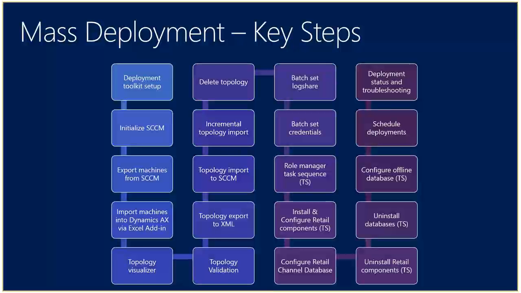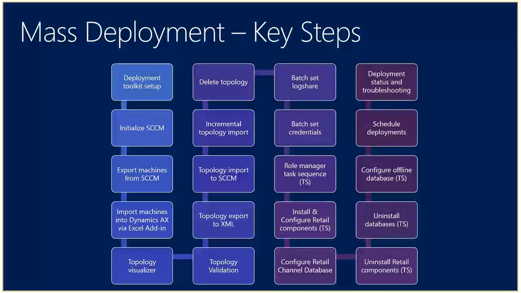Now, what this task sequence does is, once you launch AX for the first time, you schedule this task sequence to say, hey, run this task sequence every 5 hours, every day, every 2 days, whatever suits your organization. And the sole purpose of this task sequence is to set the correct roles on each of the computers.